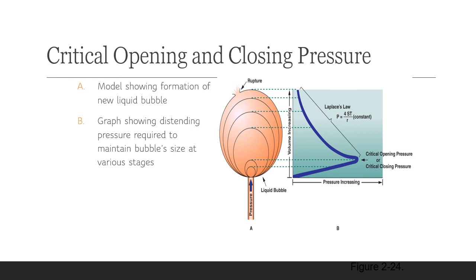The distending pressure, as described by Laplace's law, is inversely proportional to the radius of the bubble. The distending pressure will continue to diminish as the bubble enlarges to its breaking point and then ruptures. It's interesting to know that just before that bubble breaks, the distending pressure is at its lowest level.